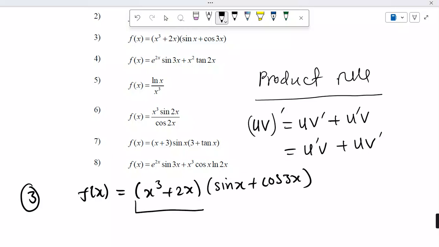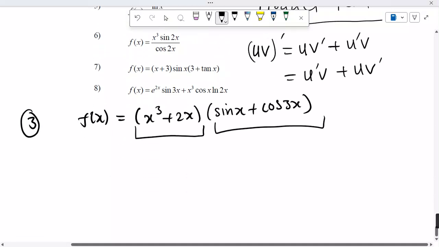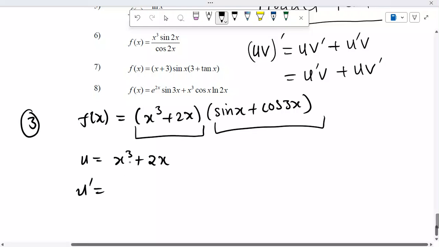So like I said, you pick one to be u, you pick one to be v. So let's say u is our first term, x to the power 3 plus 2x.